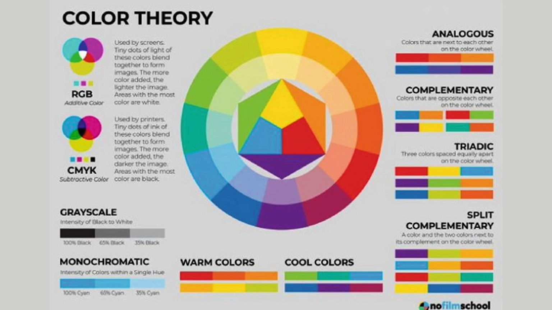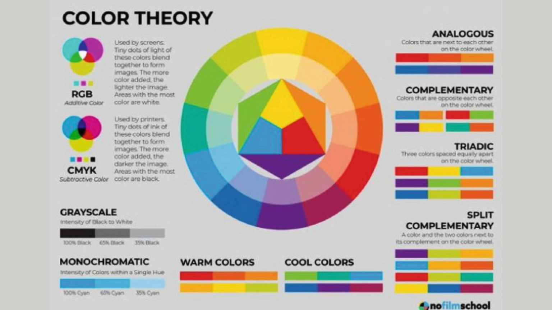So I'm just going to talk very briefly about the items on the left side, RGB and CMYK. So RGB, those go into what formulates those colors. They're tiny dots of light that blend together to form images, and the more color that's added, the lighter the image.